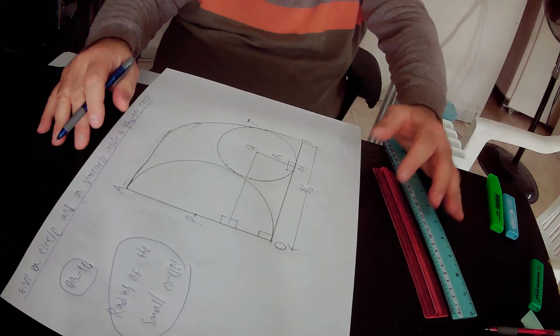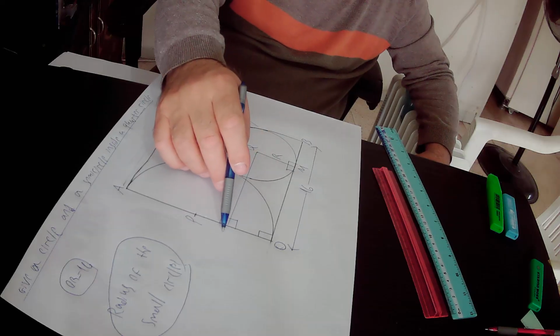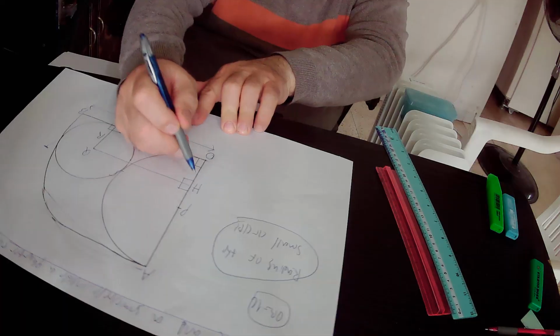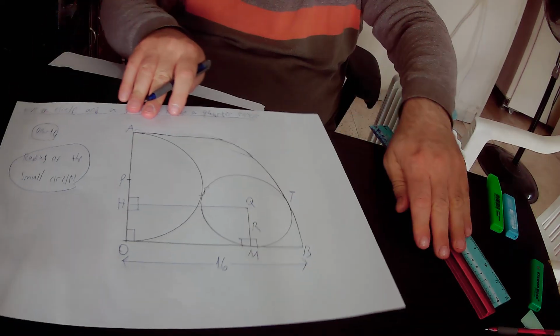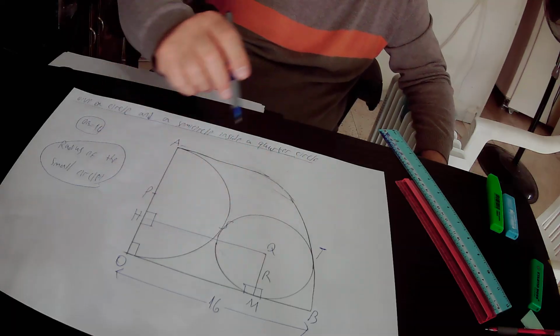We define the touching point of the perpendicular from point Q and side AO as point H. By doing this construction, we get the quadrilateral HQMO.